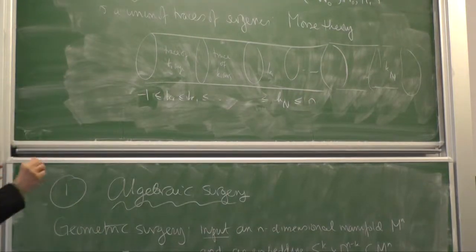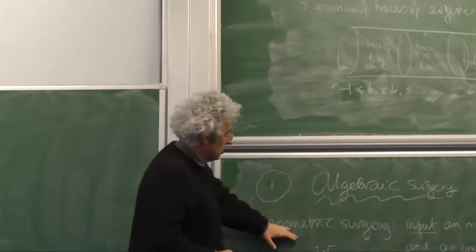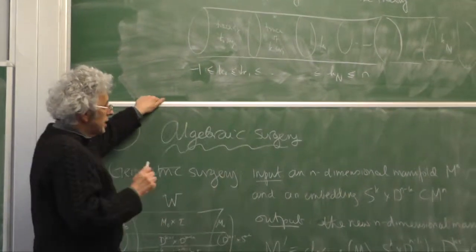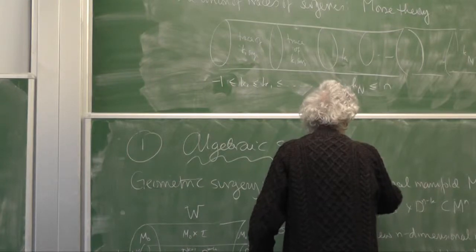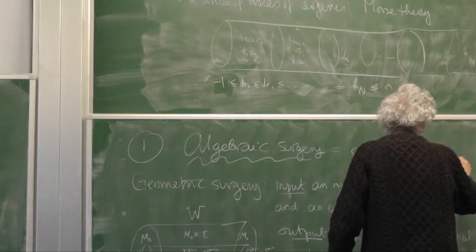Okay, so far I've only talked about geometric surgery, and the algebraic surgery will take this geometric surgery and do the same thing, but not on manifolds, on chain complexes with Poincaré duality.